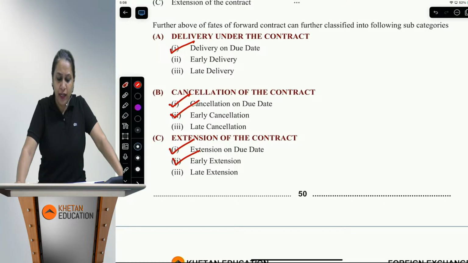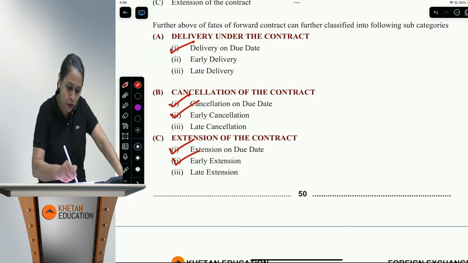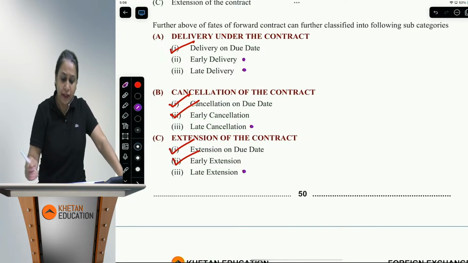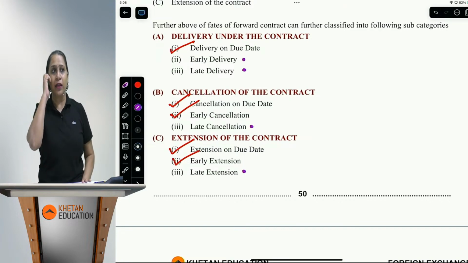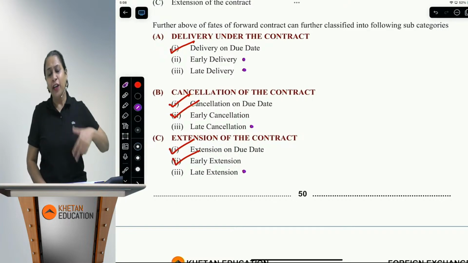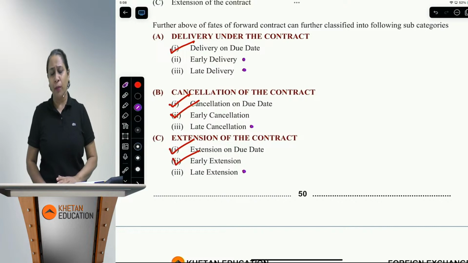What I showed you here looks very complicated. I will tell you why: once you enter into a forward with the bank, the bank enters into another forward with another bank. So when you fail to perform and do not honor your contract, the bank is in a problem and gets exposed. For example, on 31st of March, you blocked $1 lakh to buy from SDFC Bank at a price of rupees 83 per dollar, suppose.